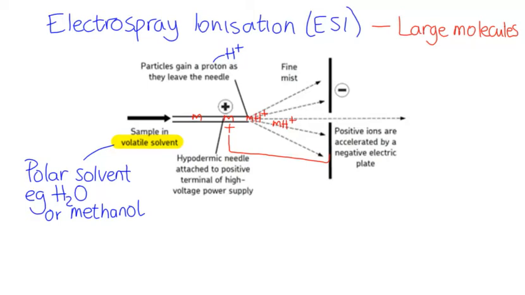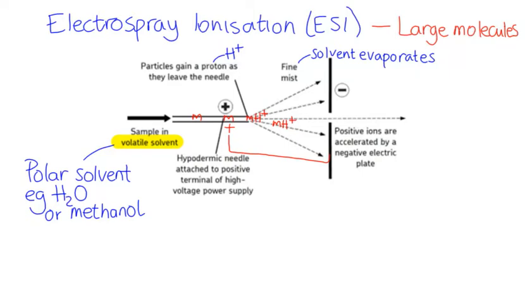That is why it needed to be a volatile solvent, so it evaporates easily. And now we've got charged particles, and those charged particles are going to get attracted by the negative plate of our electric field, and that is how they're going to get accelerated. They're positively charged, and we have a negative plate, so they're going to move through.